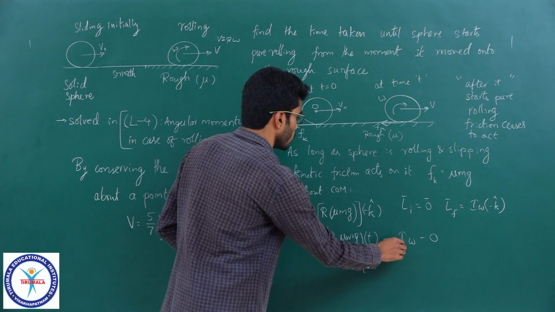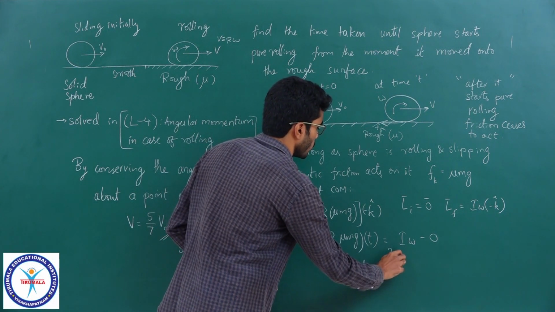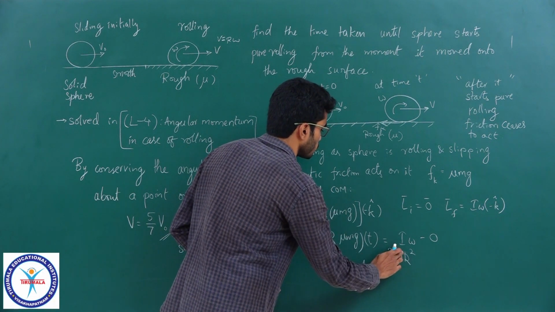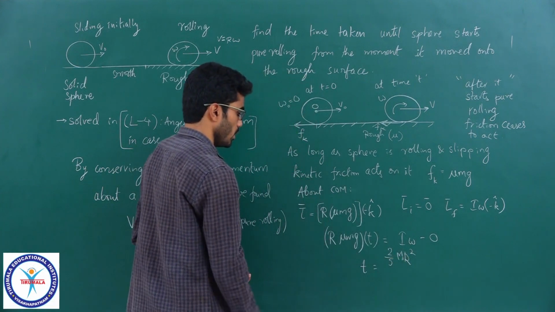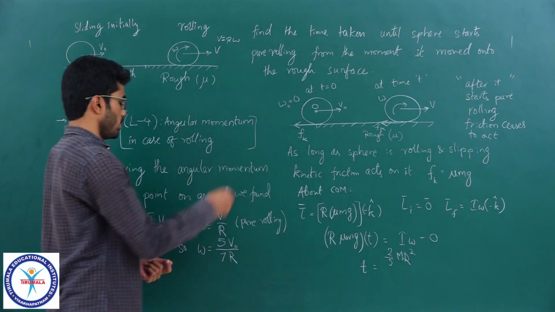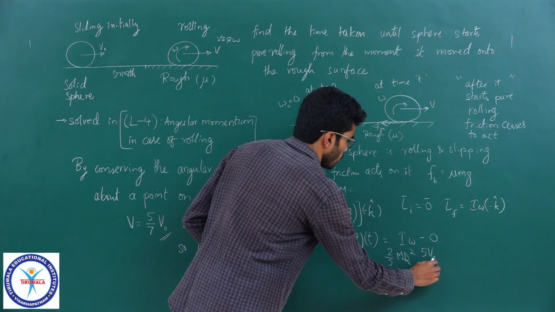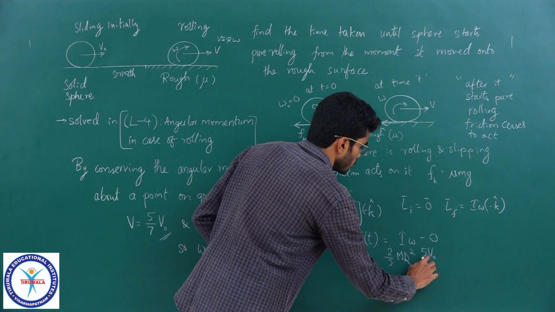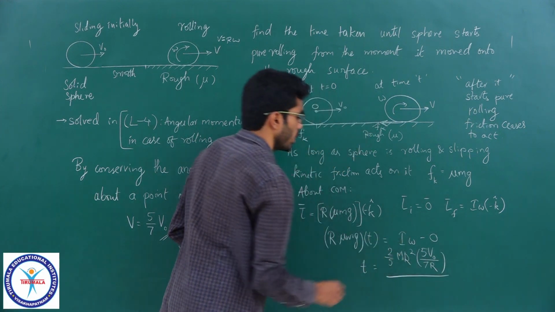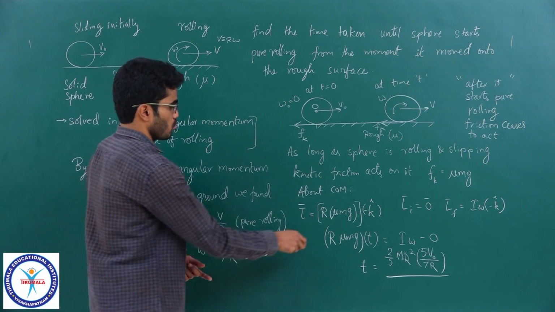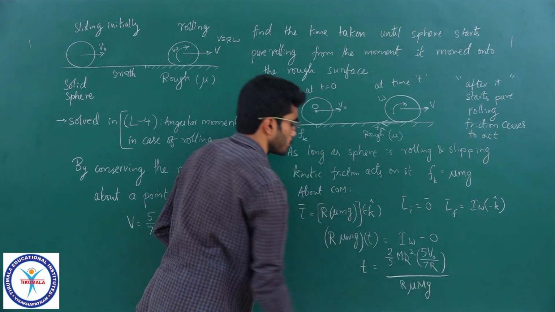So time is equal to, I is 2 by 5 mR square, because it is a solid sphere, and omega we have calculated already using this, so 5 V naught by 7 R, by R mu m g.